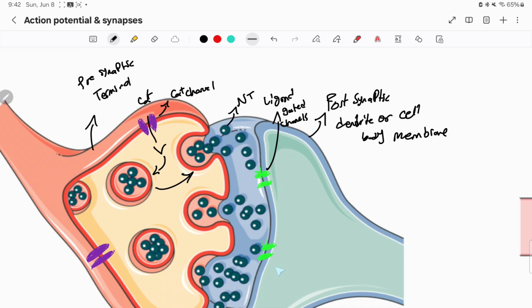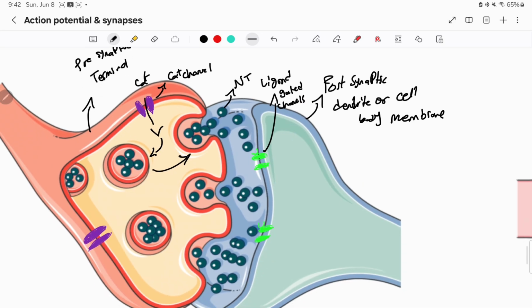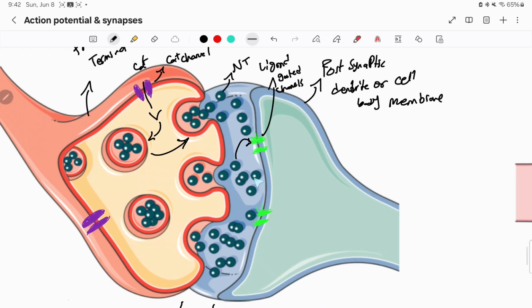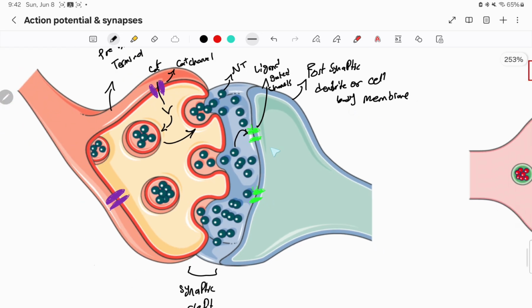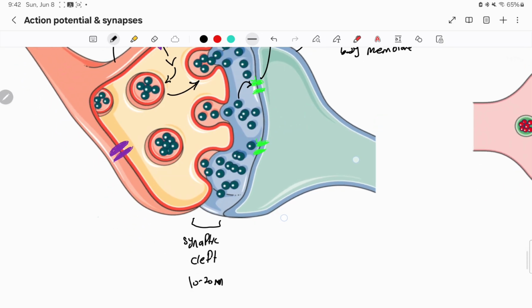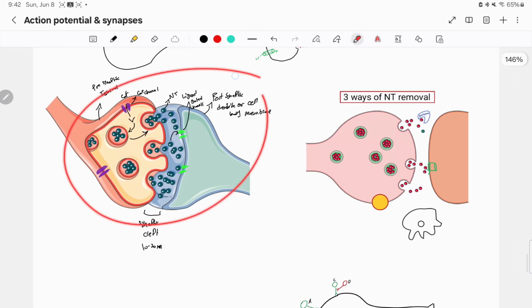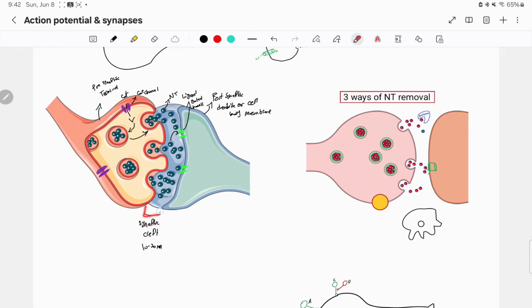This one, for example, is an example of an ionotropic ligand-gated channel. So those neurotransmitters will go and bind to their very specific receptor. They will open it, and then they will allow either an EPSP or an IPSP to occur, depending on whether it's an inhibitory or excitatory synapse, right? So this whole thing is called a synapse. This area is called the synaptic cleft, okay? Where neurotransmitters are released and they will bind to receptors located on the postsynaptic dendrite or cell body membrane, okay?